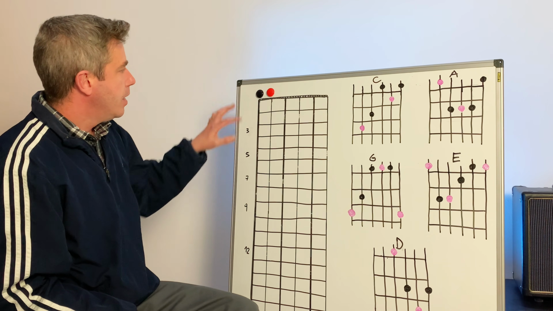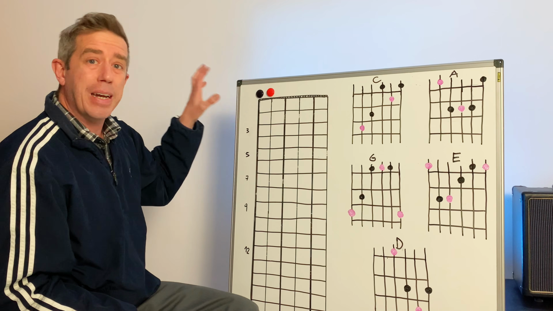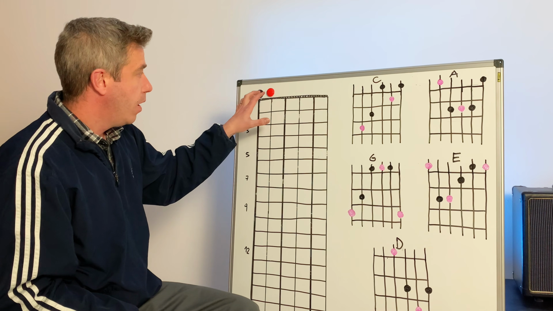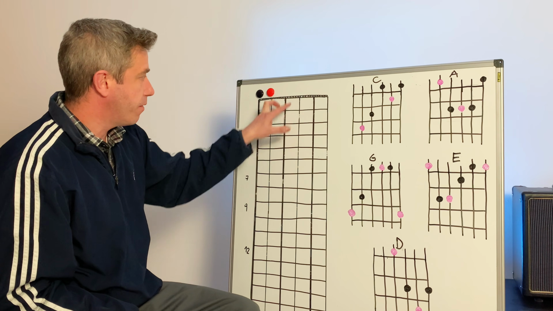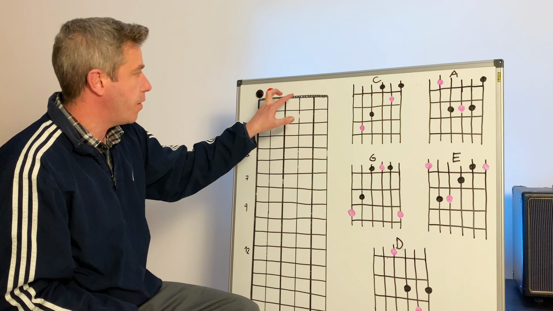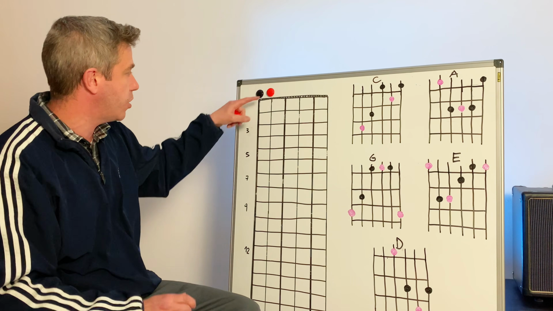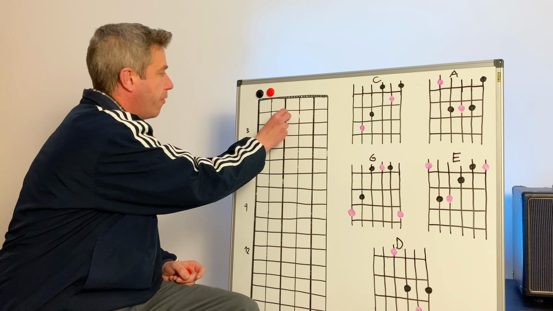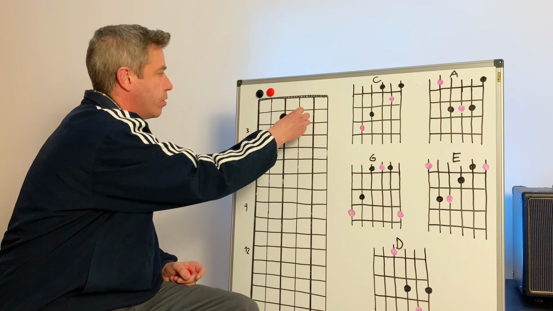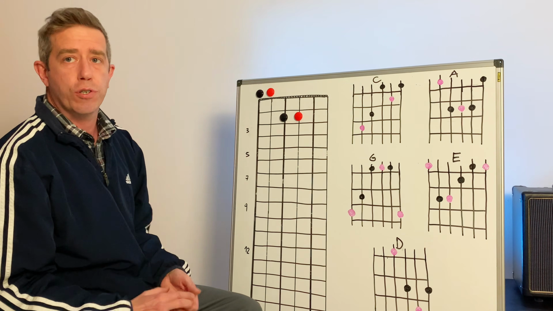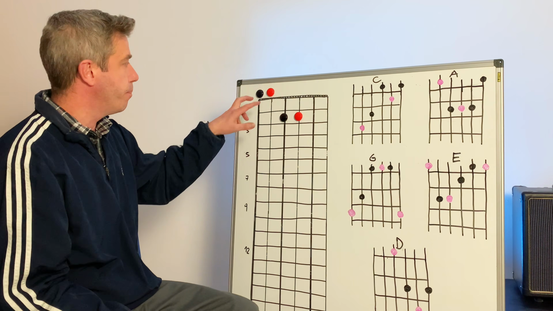Black and red. These 2 notes can be found in exactly the same order on strings 3 and 4 instead of 5 and 6 if we jump 2 frets. So we jump 1, 2, and I'm gonna find exactly the same notes on those 2 strings. Pretty cool, right? Pretty simple.